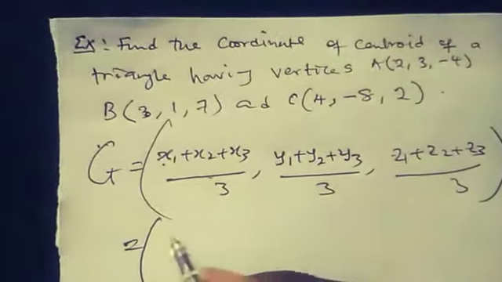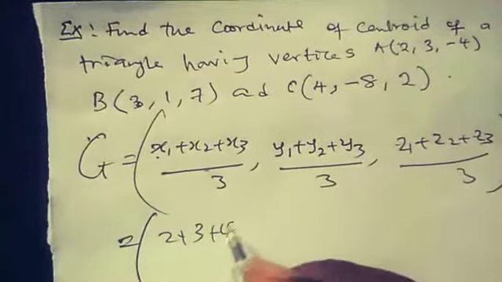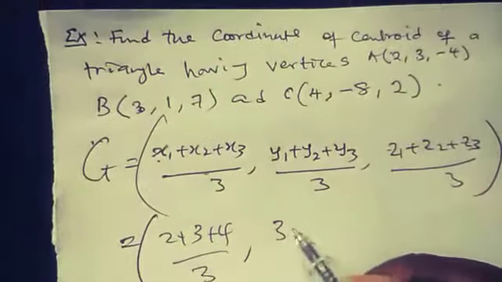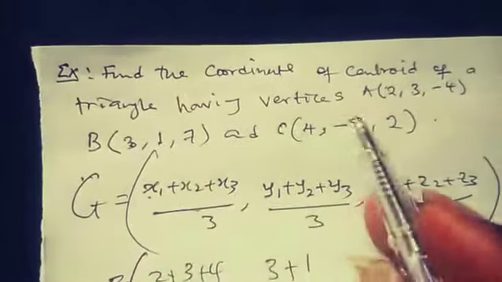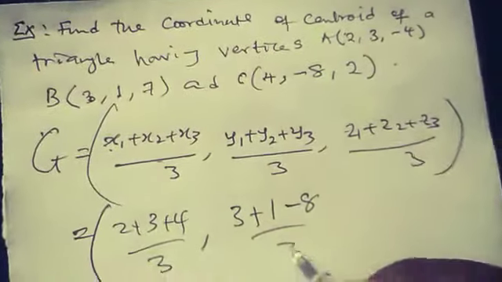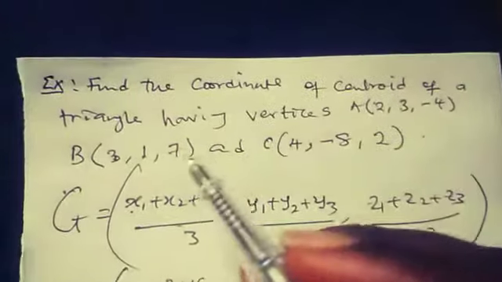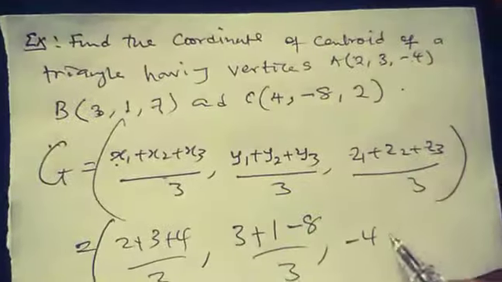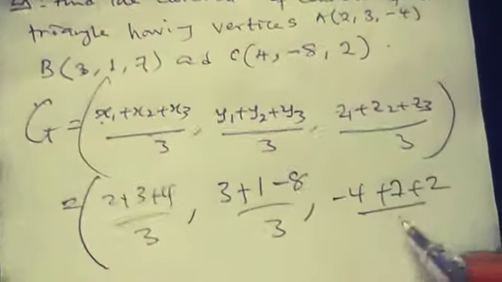So that is 2 plus 3 plus 4 over 3, comma, y1, y2, y3: 3 plus 1 minus 8 over 3, comma, minus 4 plus 7 plus 2 over 3.